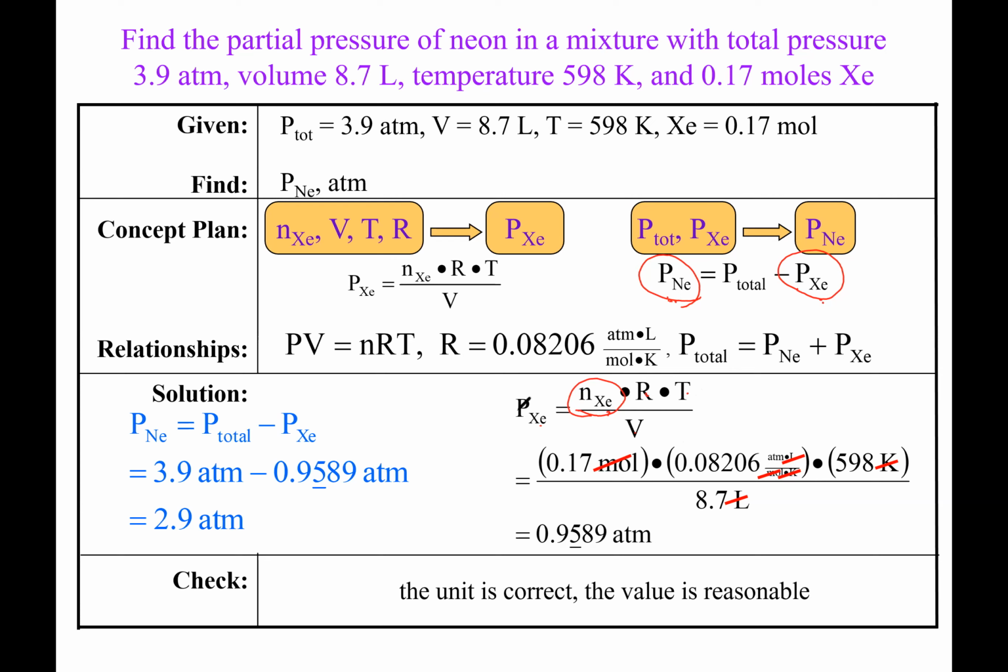So we find the partial pressure for xenon to be 0.9 atmosphere using the number of moles of xenon given in the problem. And if we have the pressure from xenon and the total pressure, the difference is going to give us the pressure for neon. Pressure for neon plus pressure for xenon is the total pressure.